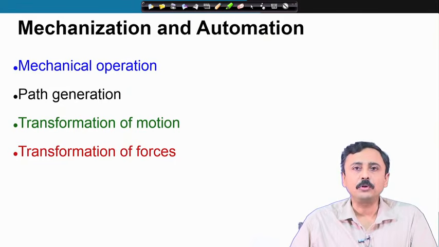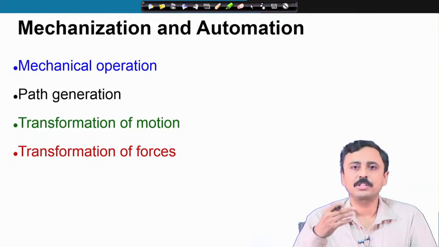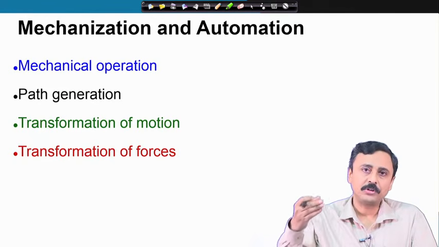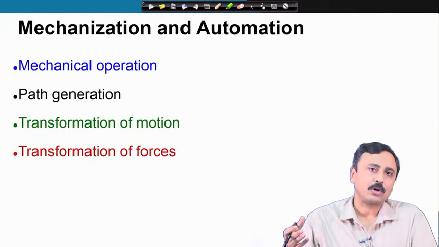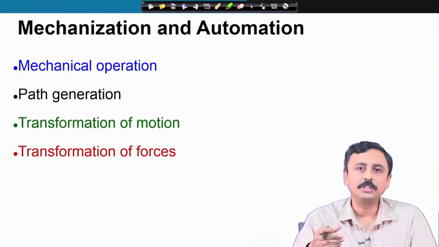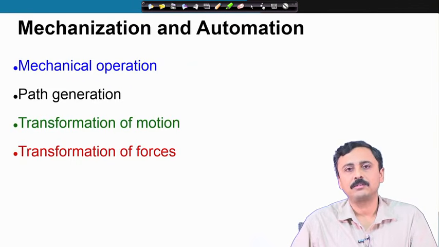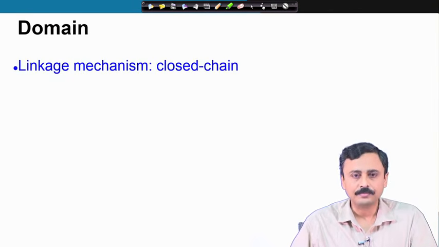Then transformation of forces. You have a motor which produces a very small torque, but you need to drive something which requires a higher torque. How do you transform forces using gearboxes? These are things that we are going to discuss.